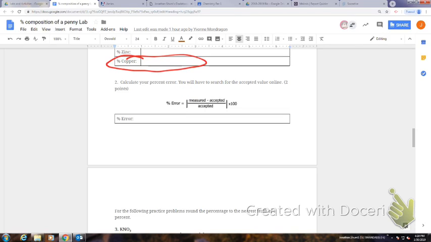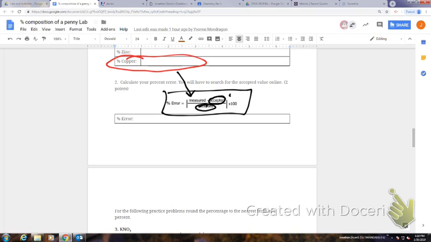So the way we're going to solve this is we'll take the percent copper, and that's your measured. And then what you have to do is look up the accepted value. So you would have to Google what is the percent composition of copper in a penny after 1984, and you'll look that up. And so you'll solve using this equation.